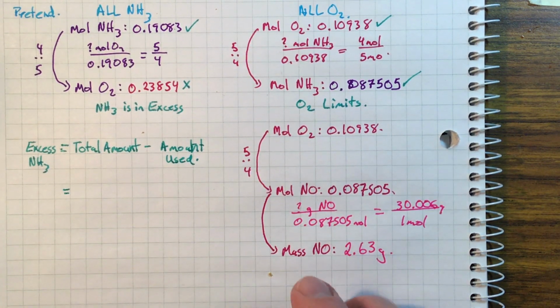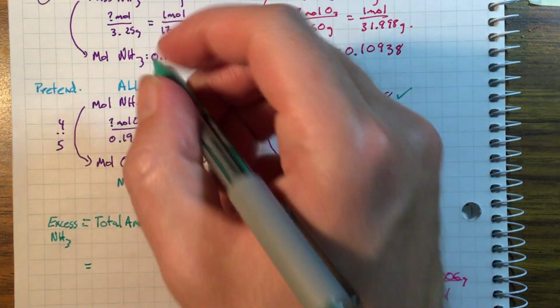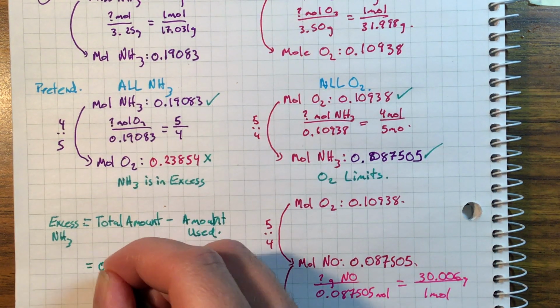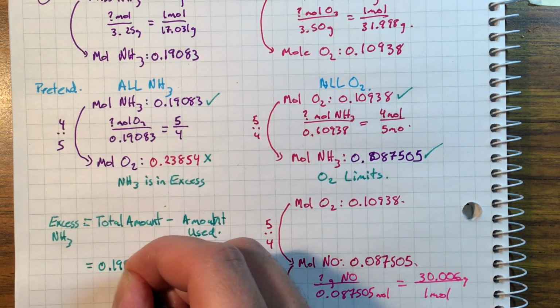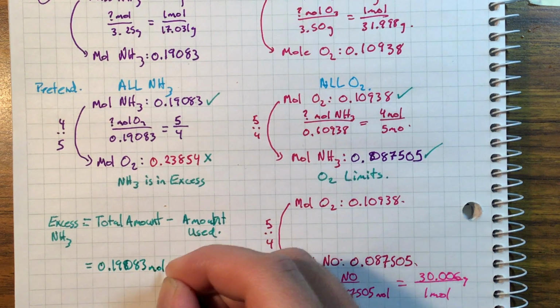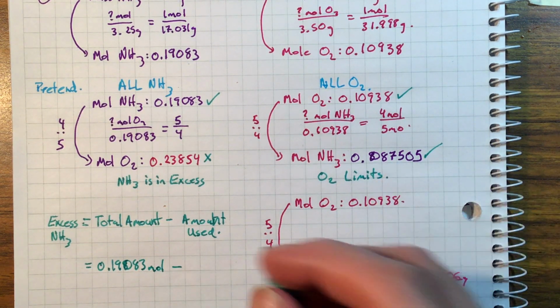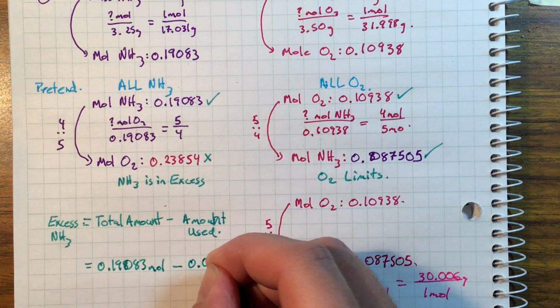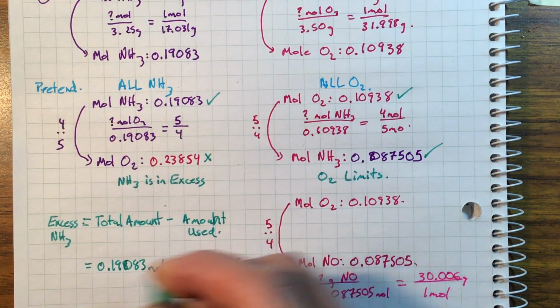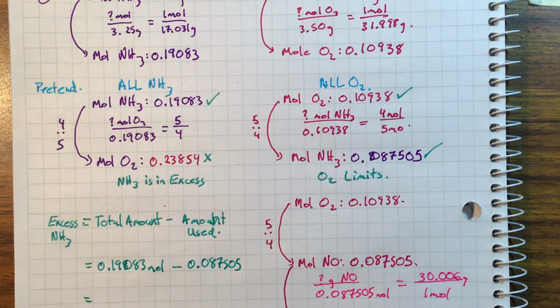So our total amount of NH3 that we had in the chemical reaction was this. We had 0.19083 moles. And we used up this amount right here, 0.087505 moles. So we're going to take those two and subtract them.